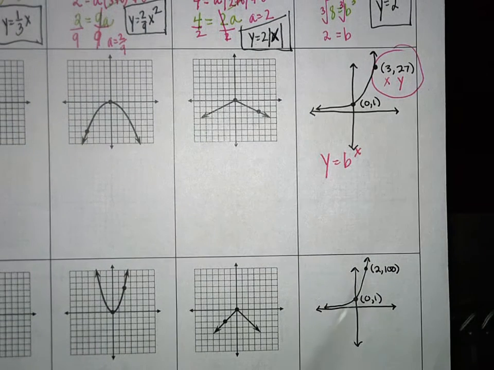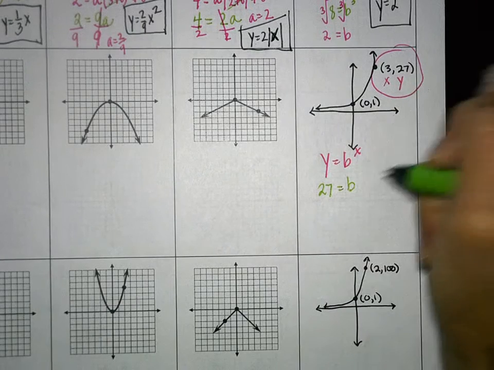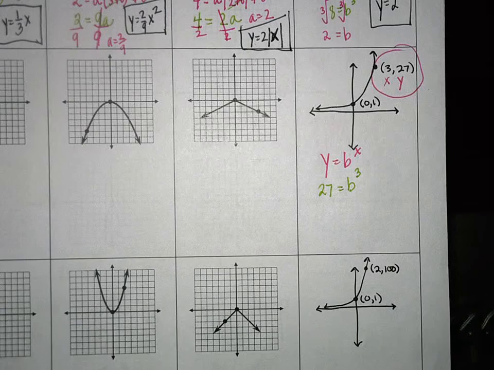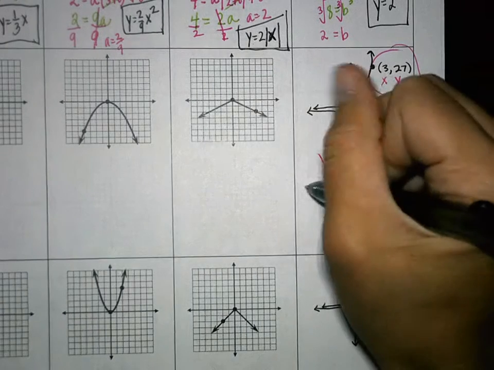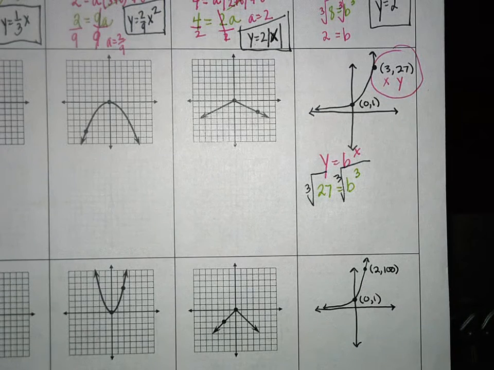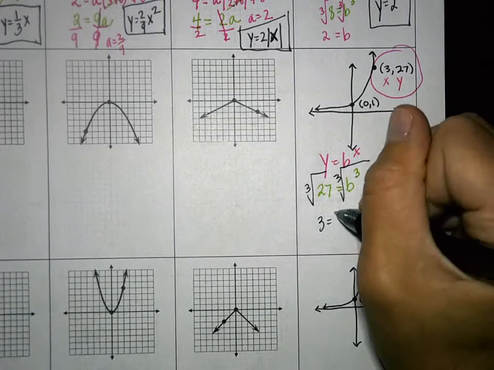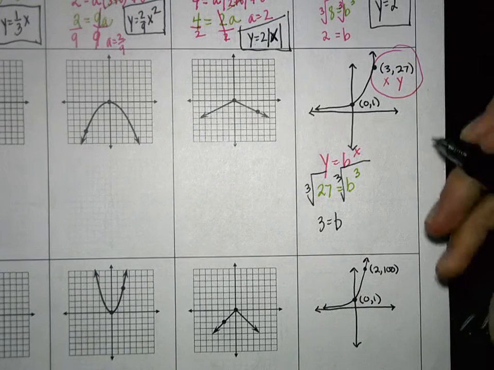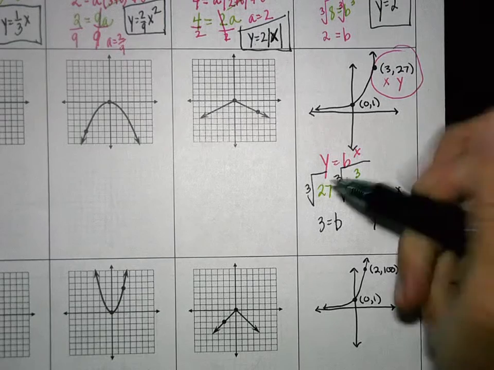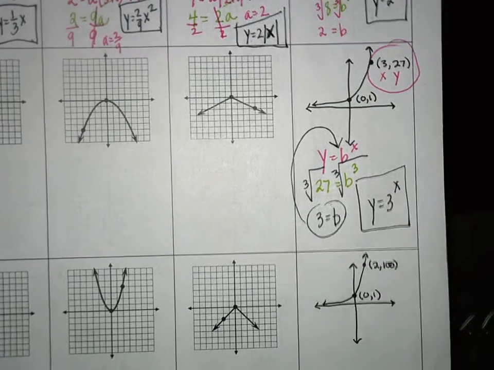So when I plug those into my equation, I have 27 equals b to the third power. In order to solve for b, I take the cubed root of both sides. What's the cubed root of 27? 3. And the cubed root of b cubed is? B. Good. And so my answer is y equals 3 to the x power, because we're substituting it in for b. Okay.